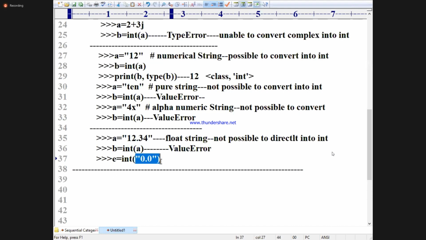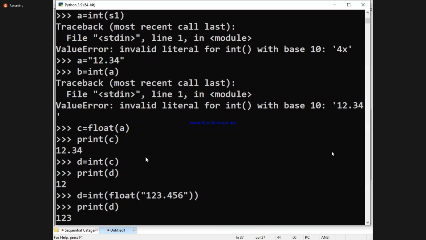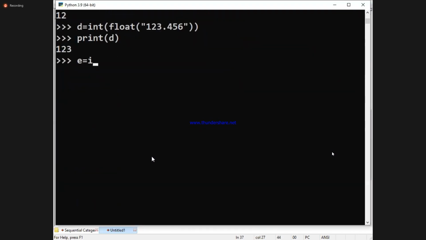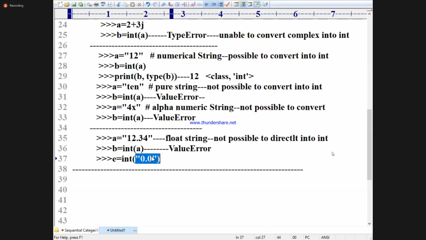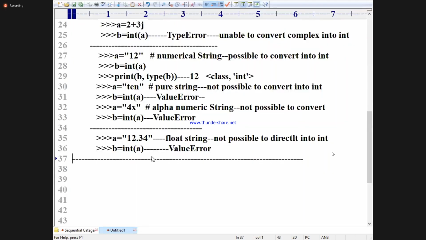Can I convert or not? Then why are you thinking something special is there? You just go for it. E is equal to int of "0.0". Same.